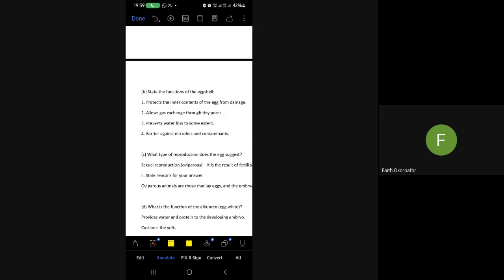The shell also serves as a barrier, meaning it prevents contamination by microbes or other contaminants. Do you understand?